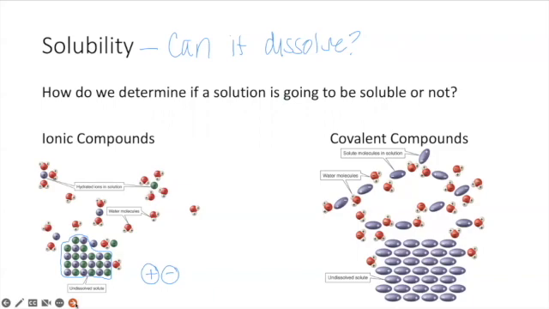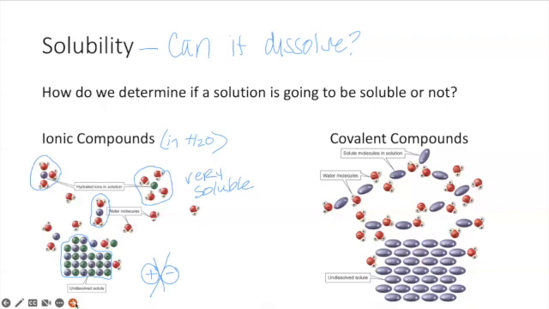In water in particular, ionic compounds are really soluble because water, as we know, is polar and has dipoles, with regions of negative and positive. Water can go in there and separate the positive from the negative with its own positive and negative, and basically breaks apart the ions.